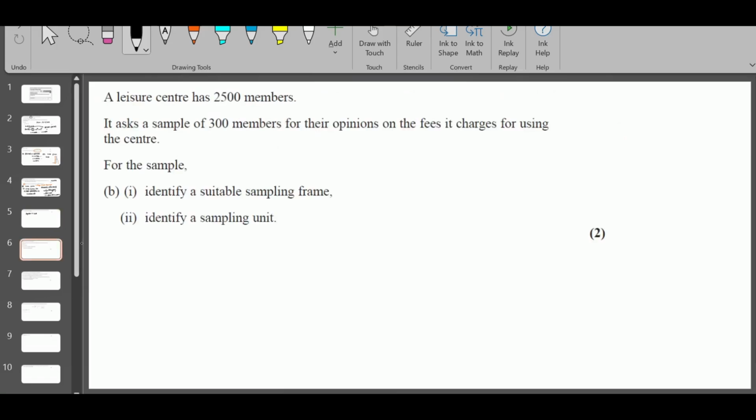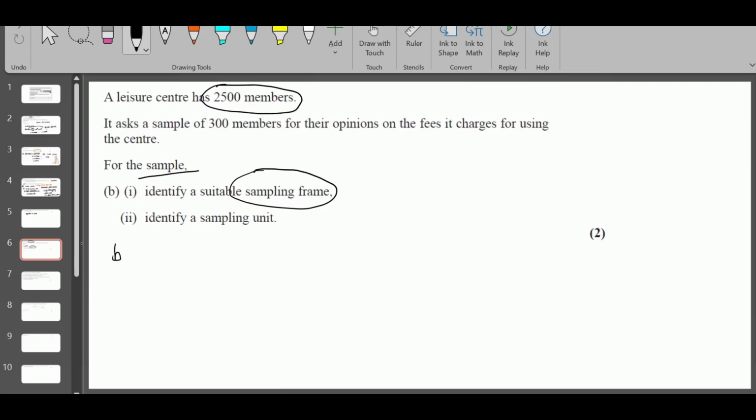Part B now. A leisure center has 2,500 members. It asks a sample of 300 members for their opinion on the fees it charges for using the center. For the sample, identify a suitable sampling frame. Even though they mentioned the sample, the sampling frame is actually a list of roll numbers or names they might have for all these 2,500 members, right?